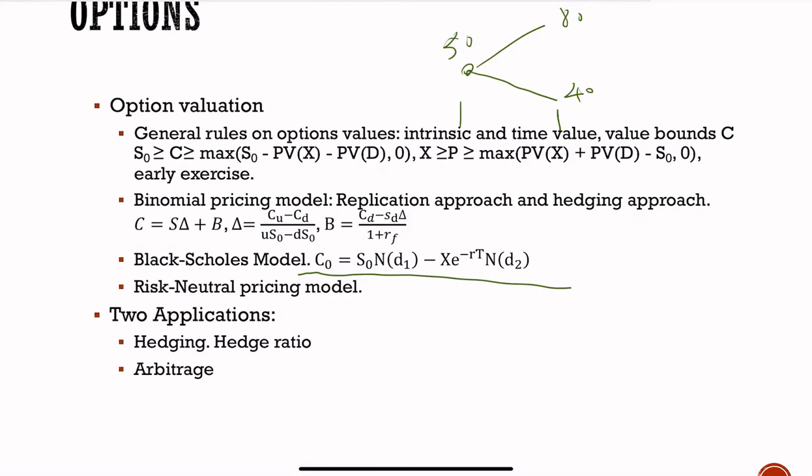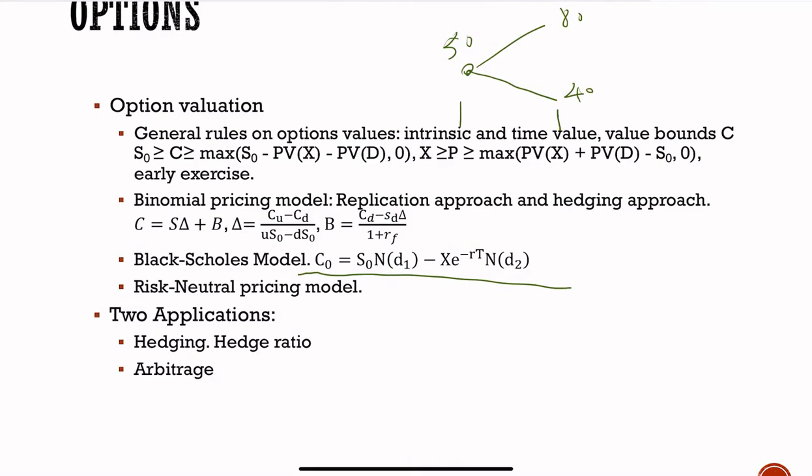For example, if you're having a long position in equity and you have a short position in call, then the hedging ratio is essentially the value change in call divided by the value change in equity. So it's always about the ratio of changes of two different assets, right?